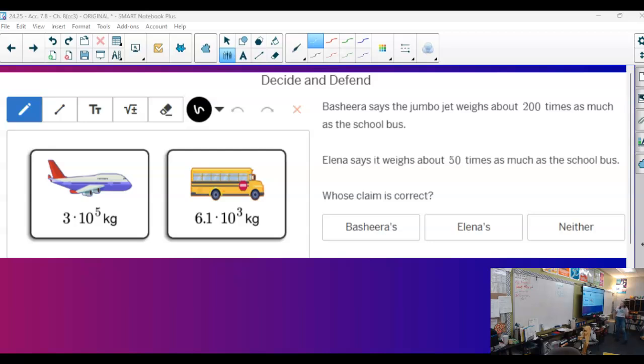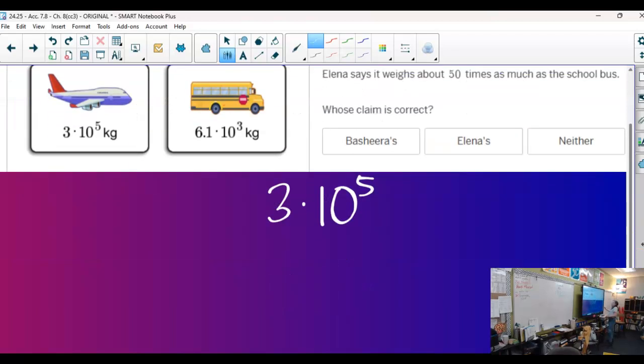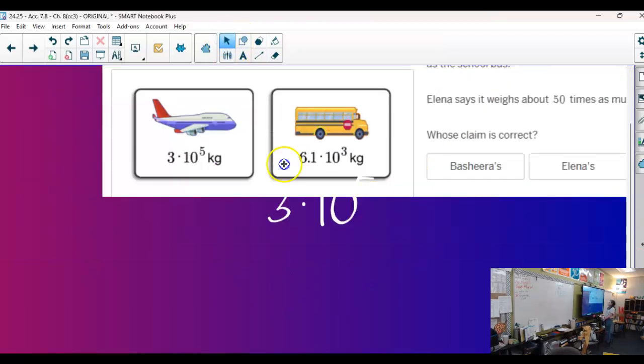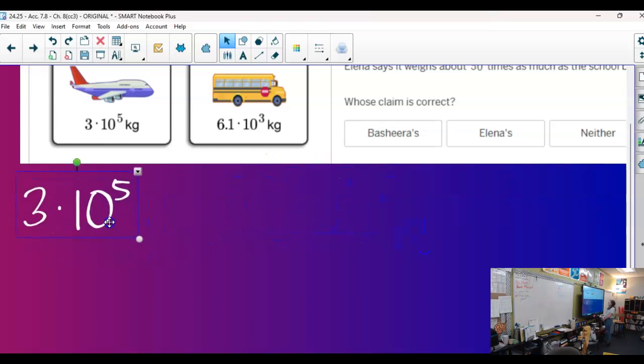I would say first put 3 times 10 to the 5th power as the numerator, and then divide that by the jelly bean mass, and then divide it by the bus's mass.